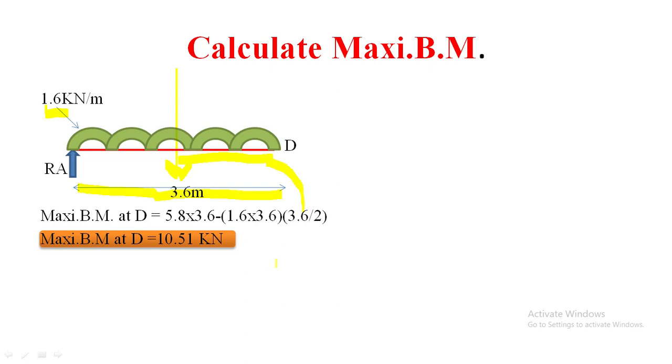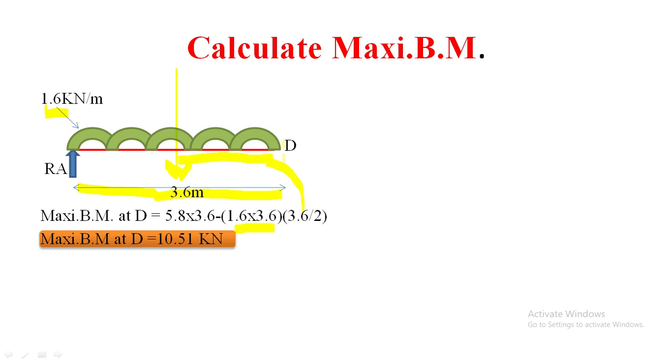Again I repeat this: we have to calculate the maximum bending moment at D. For calculating this, first calculate RA 5.8 into 3.6, then convert the UDL into a point load at the center. Take the point load's value, 1.6 into the span of the UDL, 3.6, so 1.6 into 3.6, this is the value of the force, then into the distance.